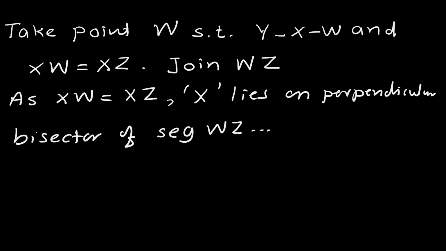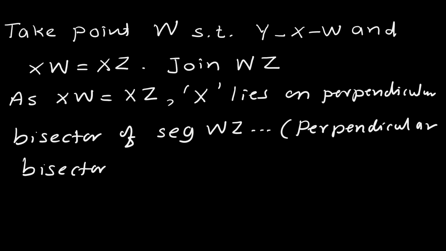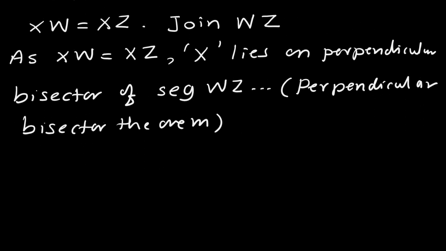Reason: perpendicular bisector theorem. In this case, we have used the property that if a point is equidistant from the endpoints of a segment, then it lies on the perpendicular bisector of that segment.